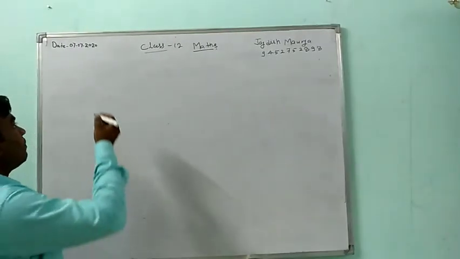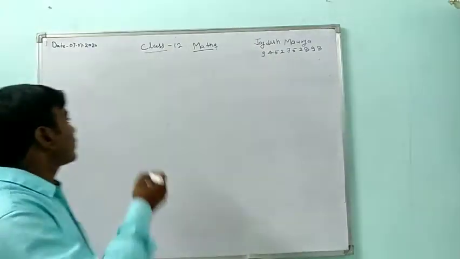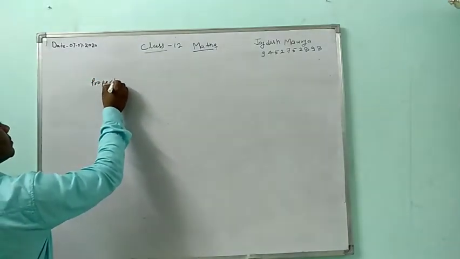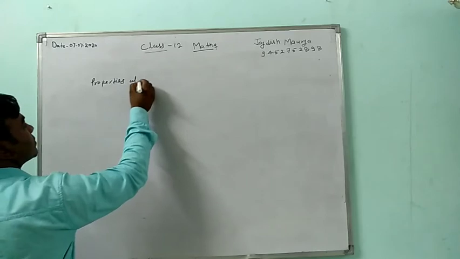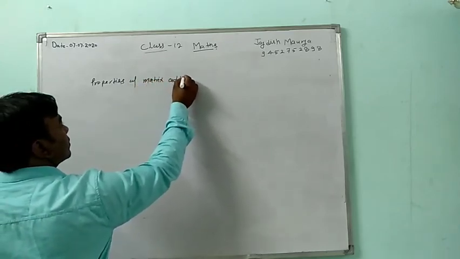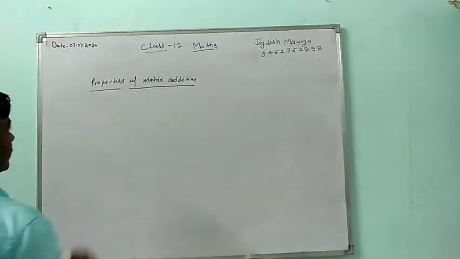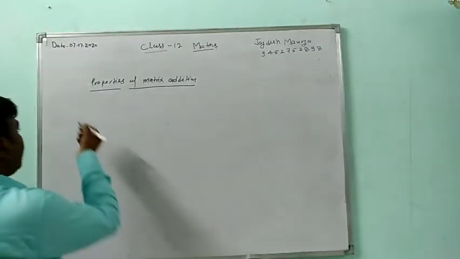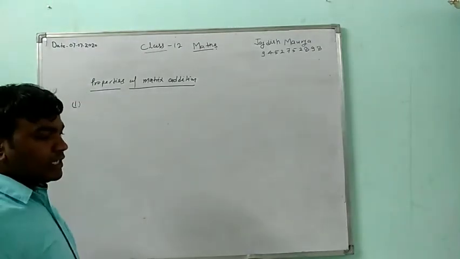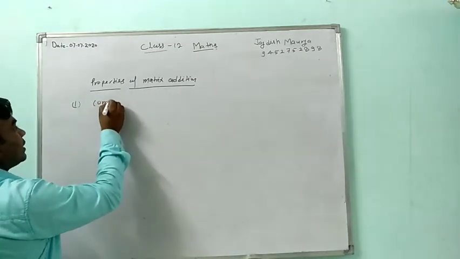Now, properties of matrix addition. First property, matrix addition is commutative. The first property is the commutative property.